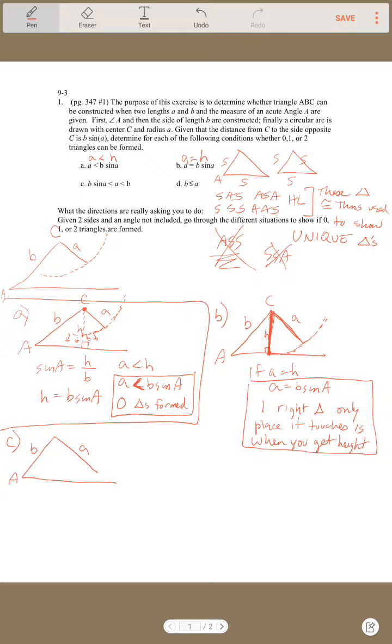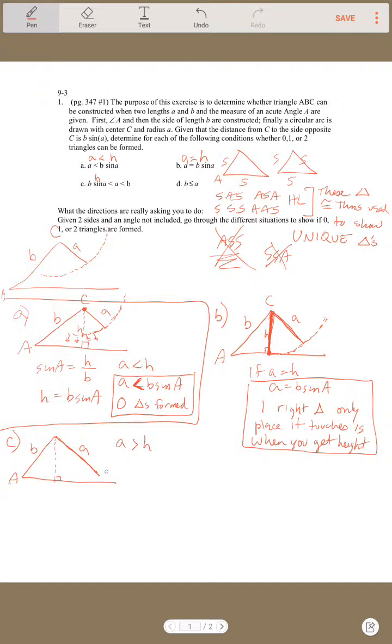However, in this scenario, notice how if B sine A represents H, what we're saying is that A is greater than H. So we're actually making A pretty long. It's going to be long like this. Okay? And if we can say that this is the height, which is B sine A, then we're saying A is greater than H in this particular scenario, in scenario 3.